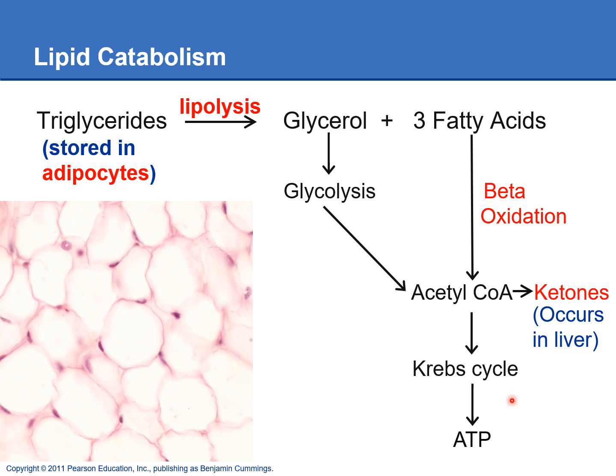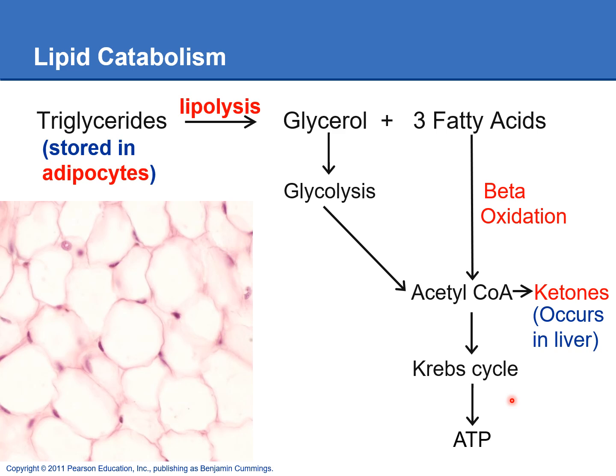If you end up breaking down a lot of triglycerides, so for example, if you have a type 1 diabetic who is not secreting insulin, and maybe they're not well regulated at all, they're not maybe taking their insulin, they're not able to use any of their glucose that's in the blood, and so they're going to be breaking down their triglyceride stores.